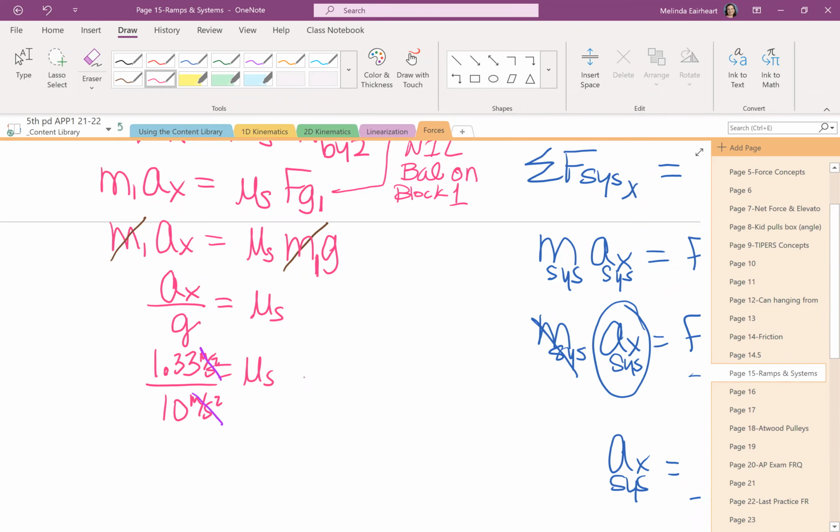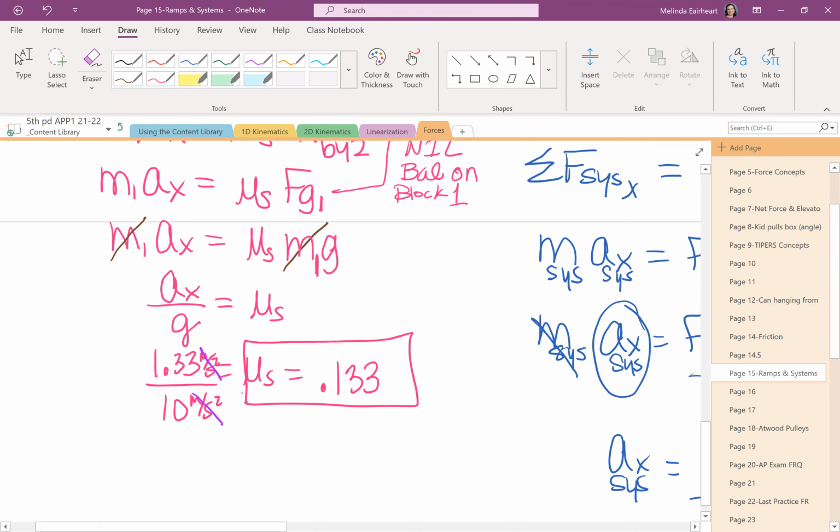And so coefficient has no unit, move your decimal, it's going to equal what? 0.13. If you want to include the other 3, that's fine. No unit on the final answer. And so actually here, based on these numbers, 0.1 is pretty slick, right? Maybe this would even work with 2 blocks of ice, okay? And so it's not common that static friction is that low, but kinetic would just be lower for it, okay?